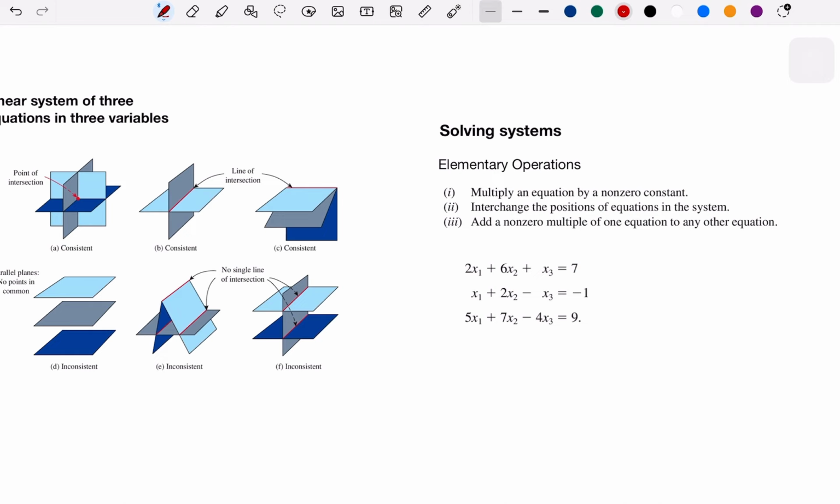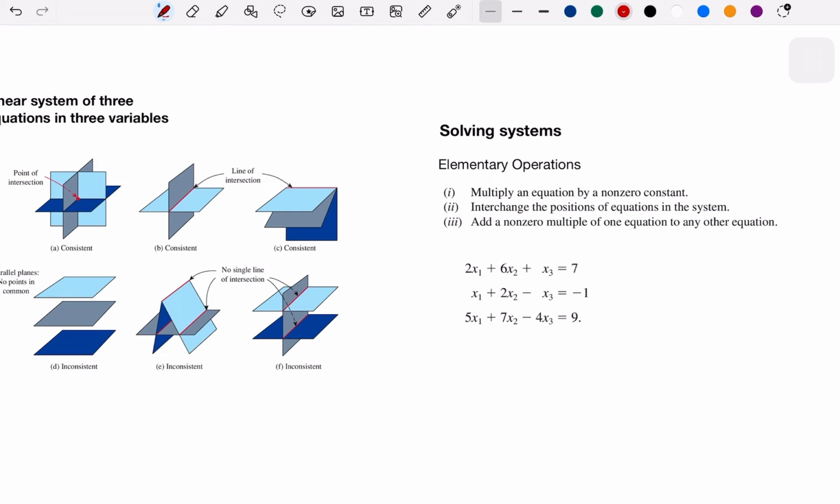So you can multiply by 2, by 3, by half. You can interchange positions, which means I can move this to the middle and this to the top, or the third one to the top. You can change everything. And then you can add a non-zero multiple of one equation to any other equation.